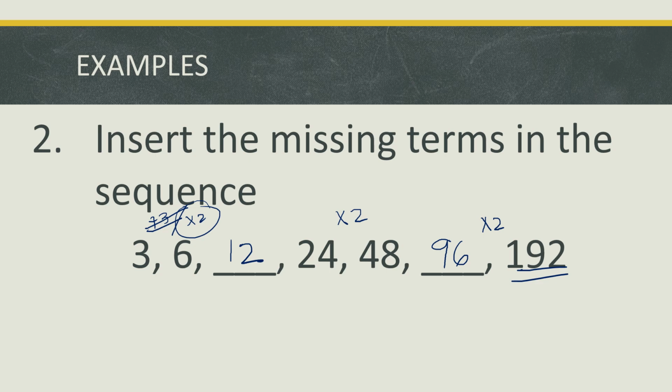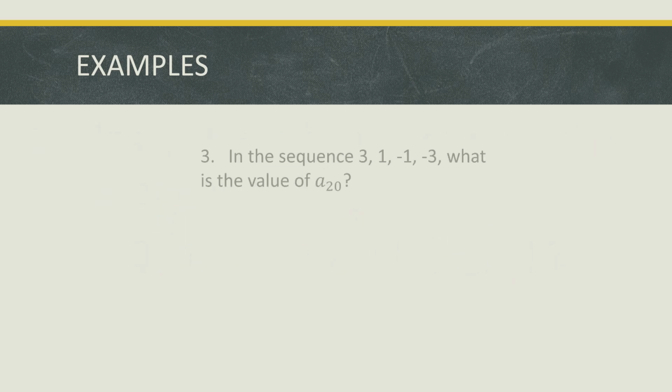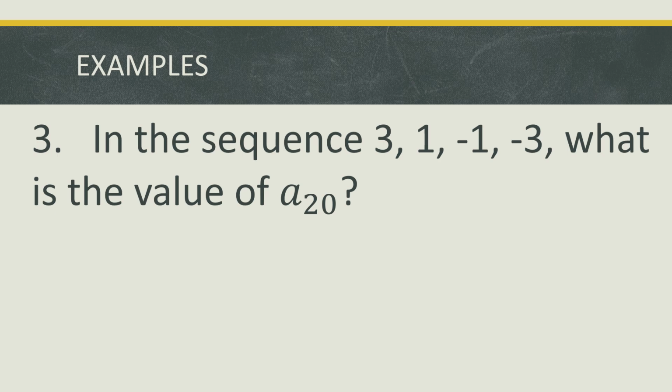Okay? Next, this is a kind of question where we cannot use the common type of solution of writing each term. Once we get the pattern, we write each term.